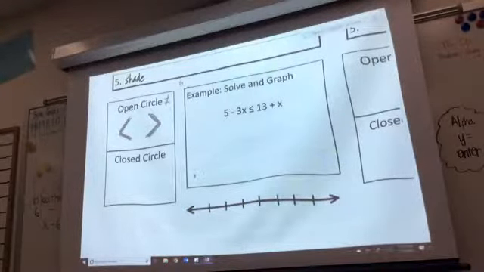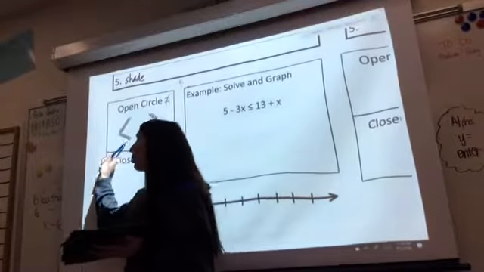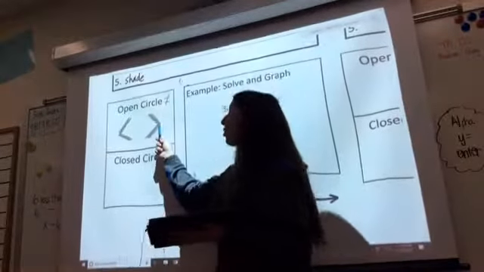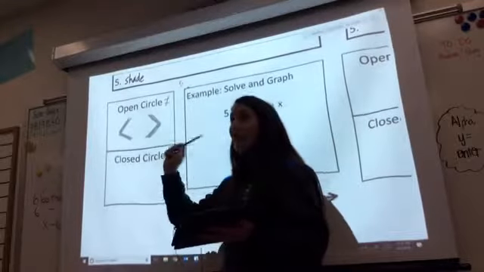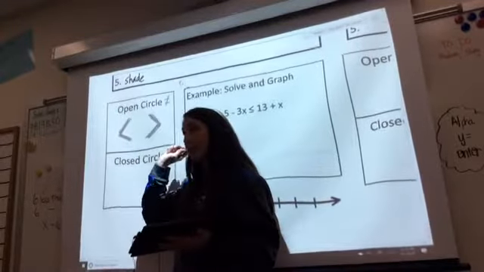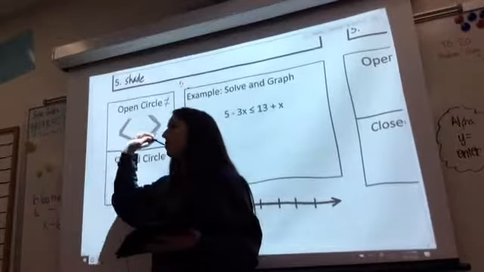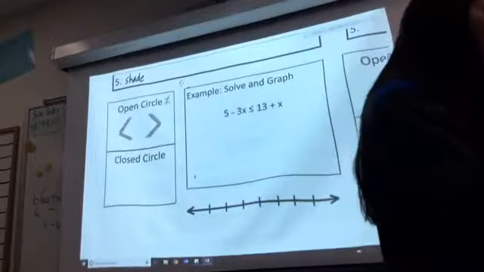When I'm talking about points, I'm talking about the little pointy side. If it's pointing to the left, it's less. If it points to the right, it's great. L for less, R for great. It has an R in it, right? Got it? Now, what would a closed circle be?